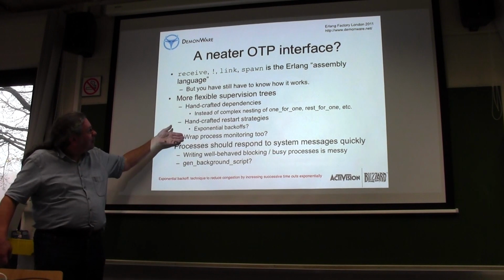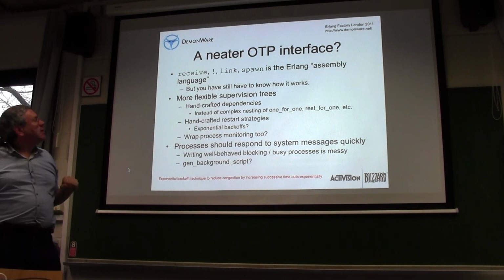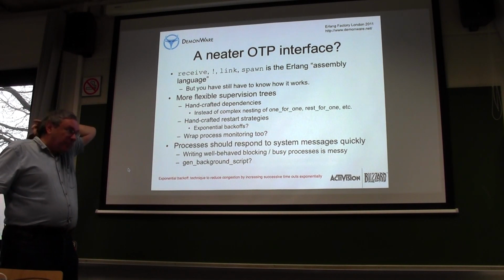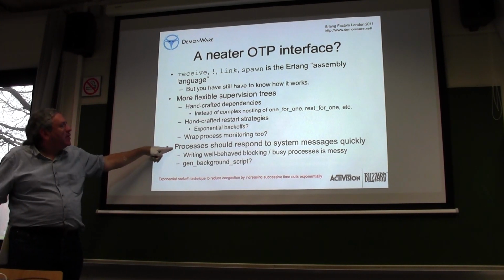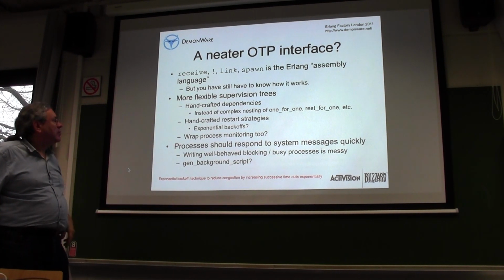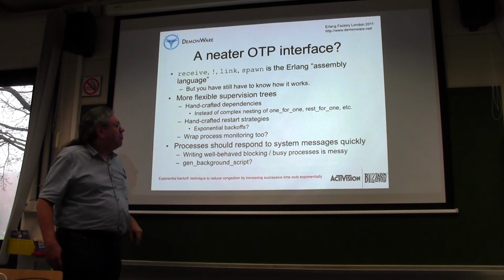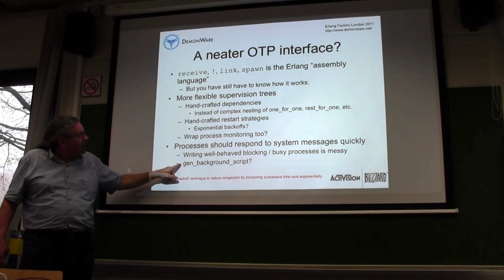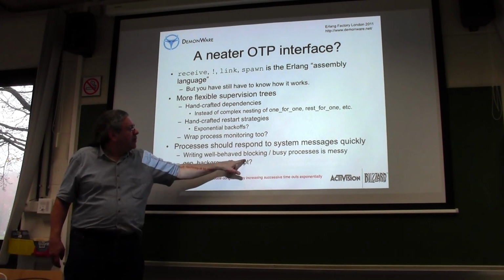They want more ways for supervised process monitoring to also be supervised. They want system messages to be handled quicker. Writing well-behaved blocking or busy processes is messy, so they want a new behavior: gen_background script.